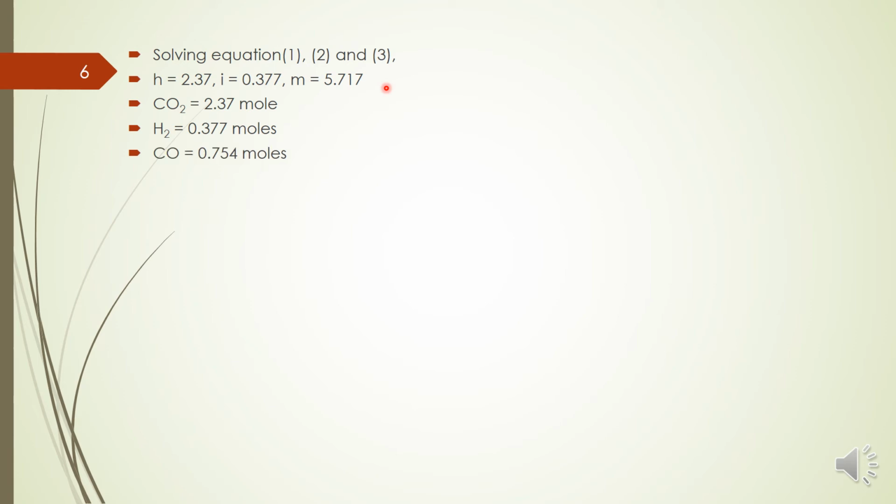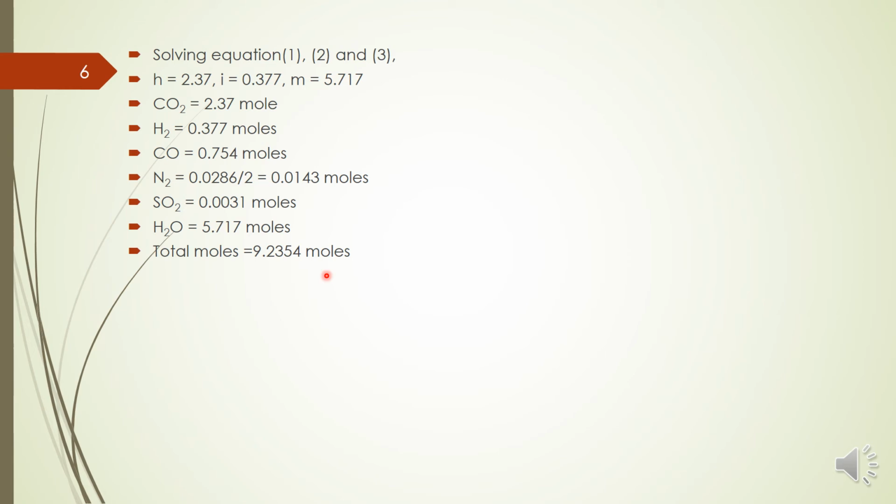Then carbon monoxide we have 0.754 moles, that is equal to 2I, J is 2I. Then nitrogen we have already found. Sulfur dioxide also we have directly found, 0.0031 moles. Then water is M mole, that is 5.717. So we have found all the moles of this syngas composition.